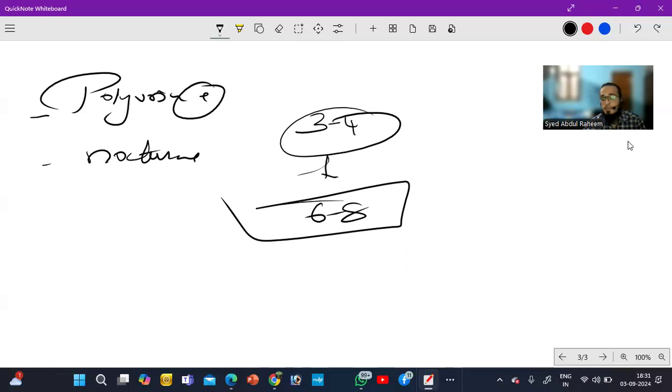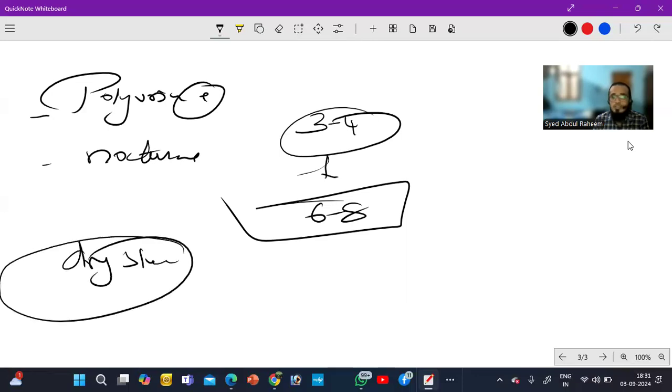The limbs become very weak. The patient's BP also decreases, and he is not able to lie down properly due to pain in the lumbar region. Sometimes there is dry skin, because all the fluid is going out in the urine, and a decrease in temperature, because the warmth is going out with the urination.